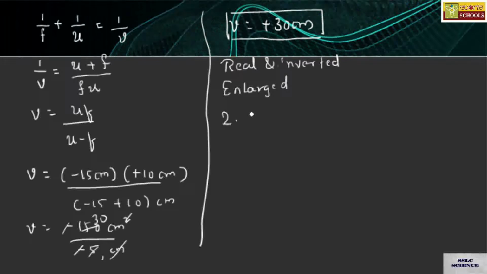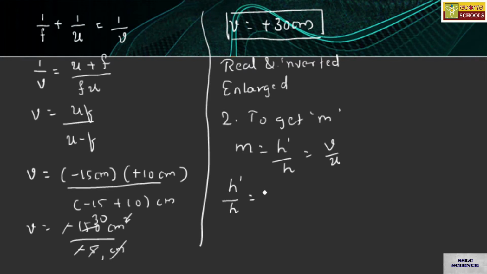the magnification. To get the magnification m, we have the formula yet again: m is equal to h dash upon h, which is equal to v by u, which is understood, we already did that. Therefore h dash upon h is equal to v by u.